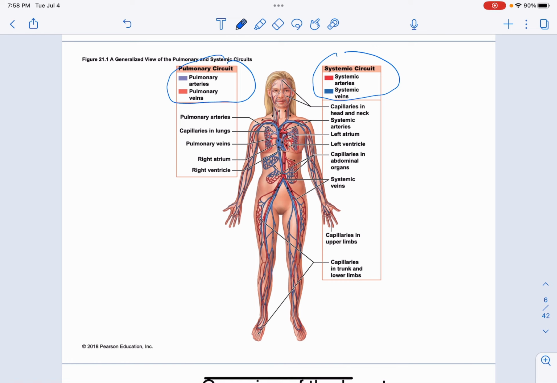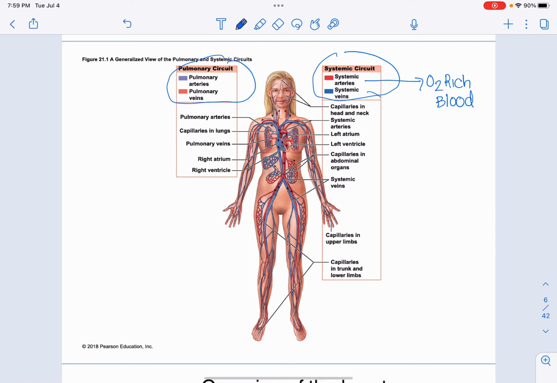So on models and diagrams and anywhere that you're looking to see arteries and veins, you're normally going to see arteries in red and veins in blue. Now, in the systemic system, the arteries are going to contain oxygen-rich blood, but we're not going to use that as a definition.